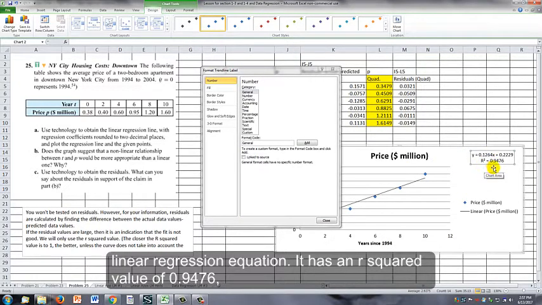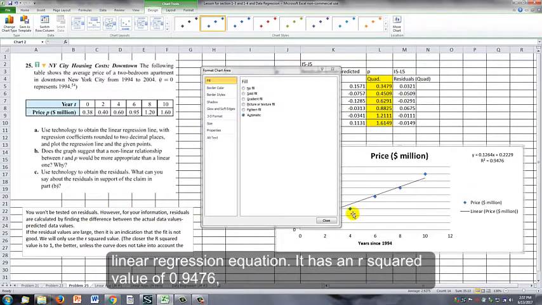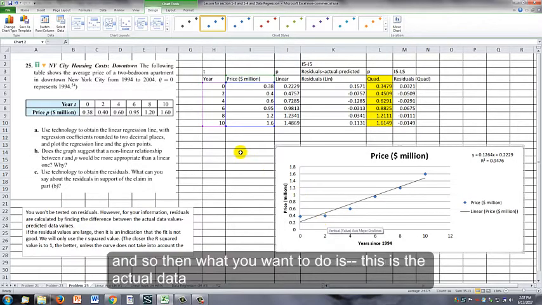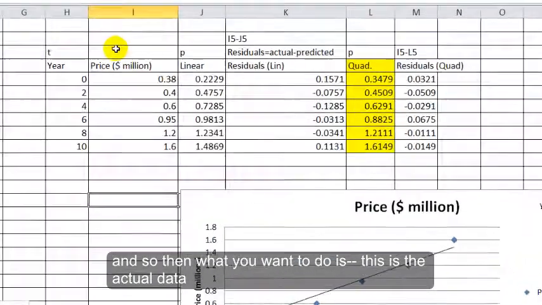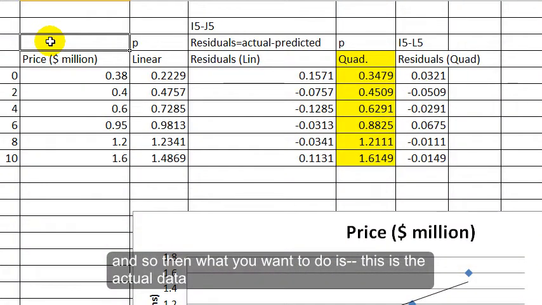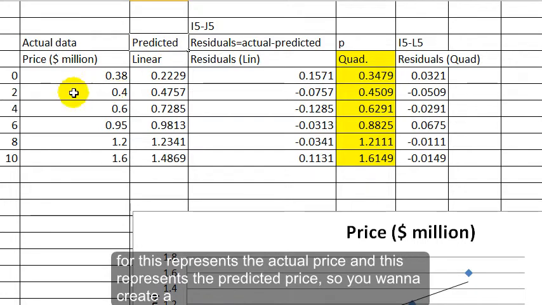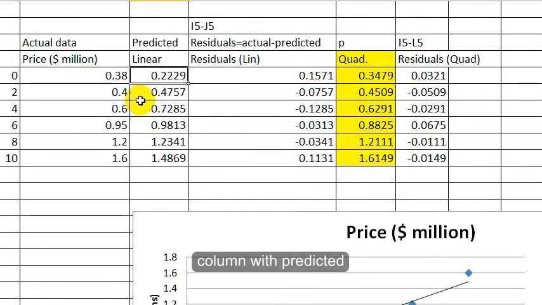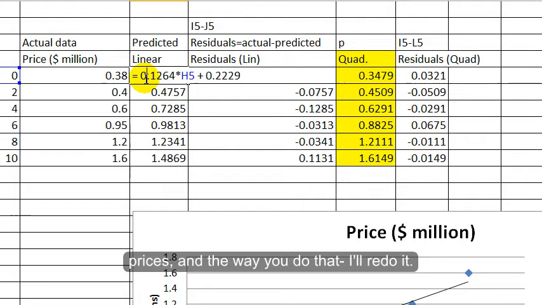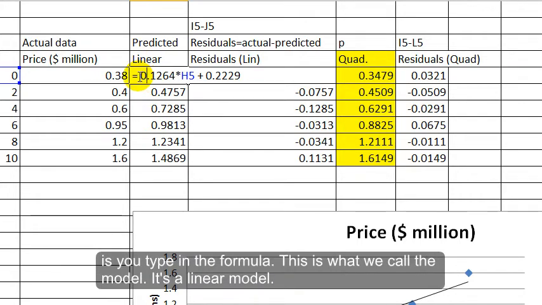It has an r-squared value of 0.9476. And so then what you want to do is, this is the actual data, and this is the predicted. So this represents the actual price, and this represents the predicted price. So you want to create a column of predicted prices, and the way you do that, I'll redo it, is you type in the formula.